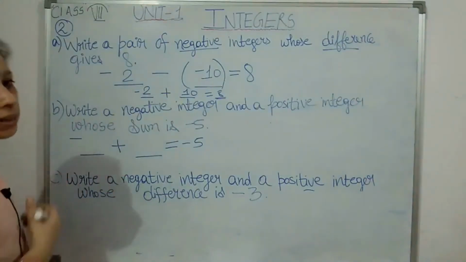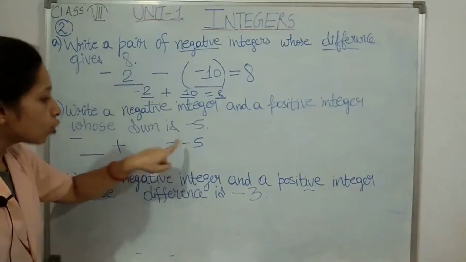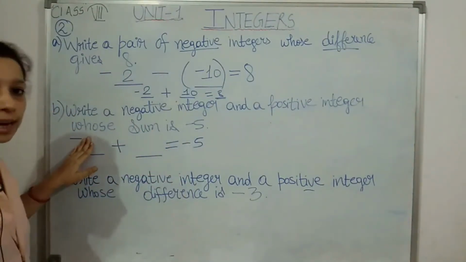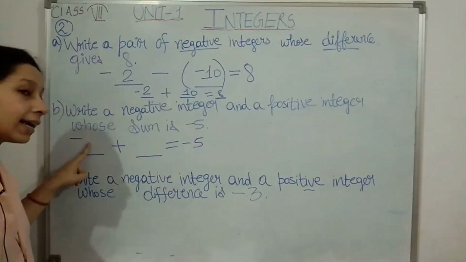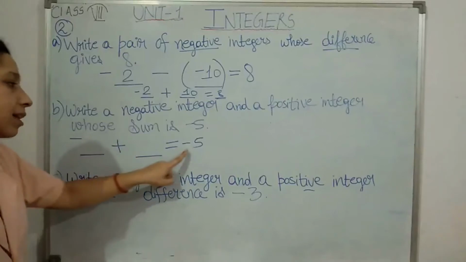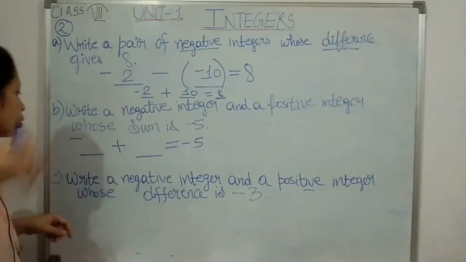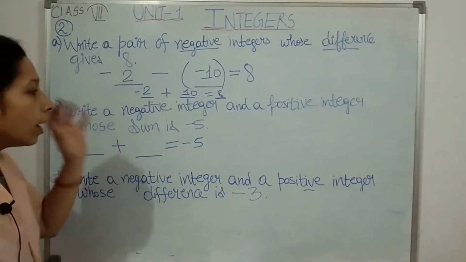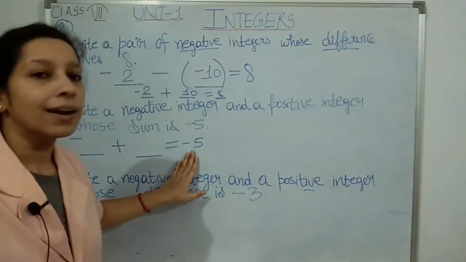Okay, now let us set the numbers students. See again, in result it is negative sign. So by seeing this it is clear to us that here we are going to take the greater number. Any two integers, here we are going to take the greater integer from them. Then only our result will have negative sign. Okay students. Then see this also, minus plus you are going to get minus, means find two numbers on subtracting which you will get 5.